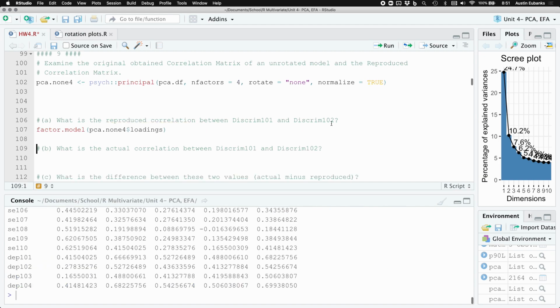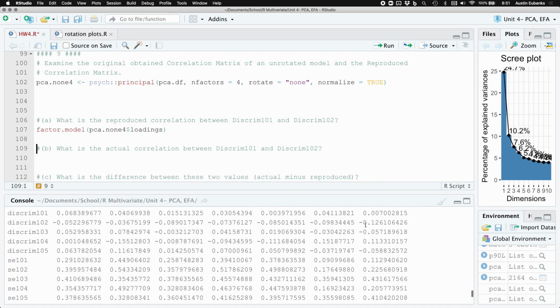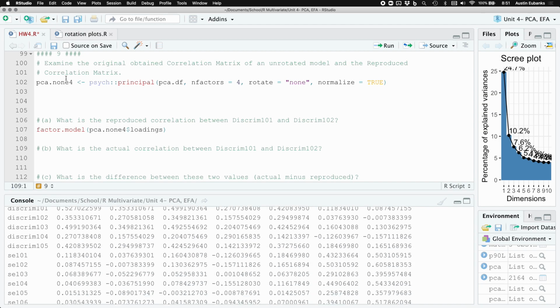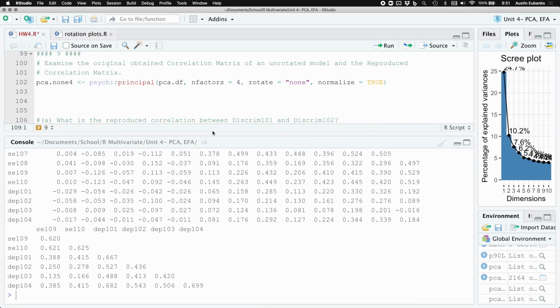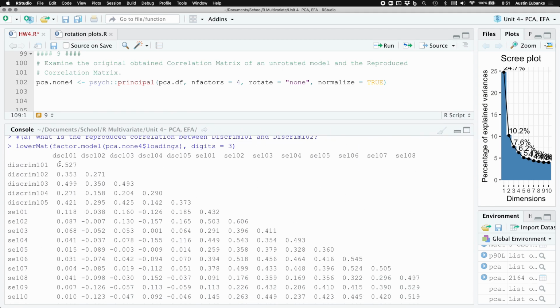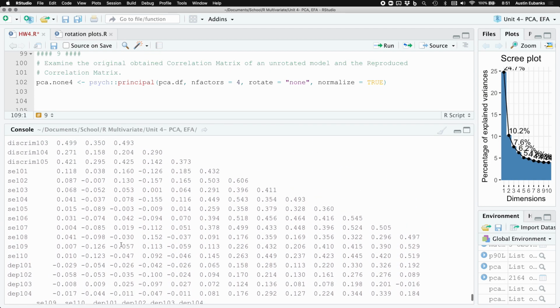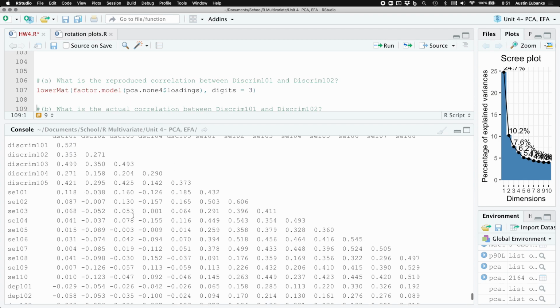We could run this as is, but this will give us the full reproduced correlation matrix. So to make this a little bit easier to read, we're going to wrap that in that lower mat function that we used, and also tell it digits equals 3. Now when we run it, we'll have just that lower matrix. So this is our reproduced correlation matrix.